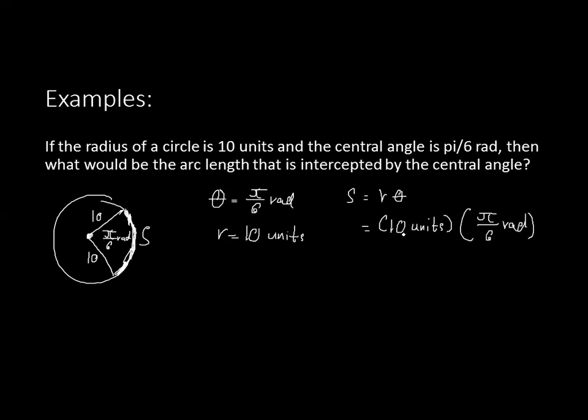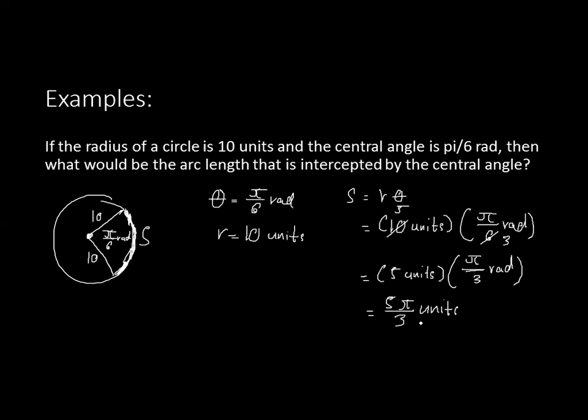We can simplify 10 and 6 because both of them are divisible by 2. So 10 units divided by 2 is 5, and 6 divided by 2 is 3. So we have 5 units, then pi all over 3 radians. So multiplying them together, you will have 5 pi all over 3 units.